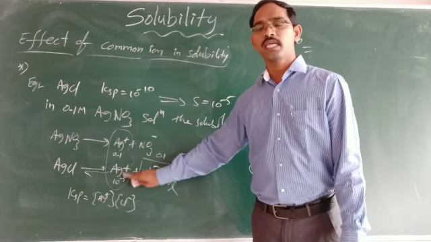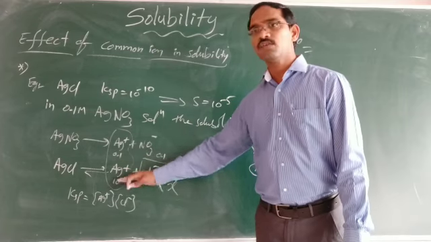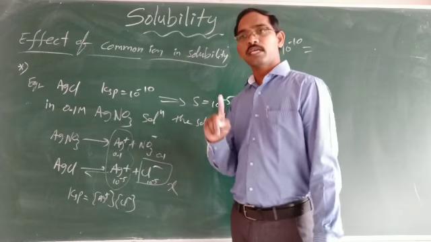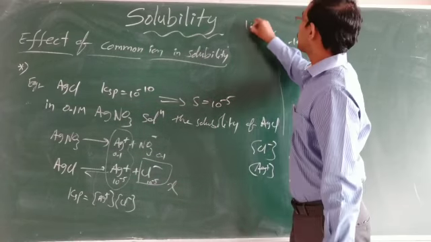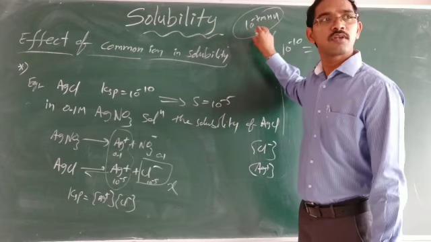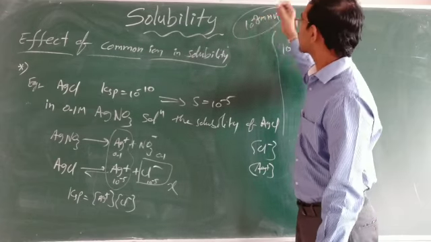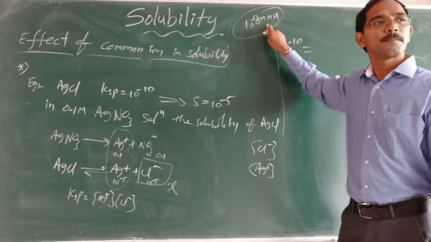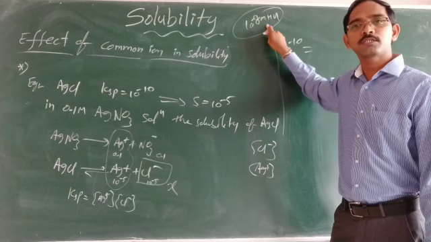Okay, that also we have to see. Suppose this is also almost equal, then we should not neglect. Like I gave you one question in the case of pH: 10 power minus 7 M HCl pH. What will be the pH of 10 power minus 8 M HCl? Is it 8 or 7 or 6 point something?